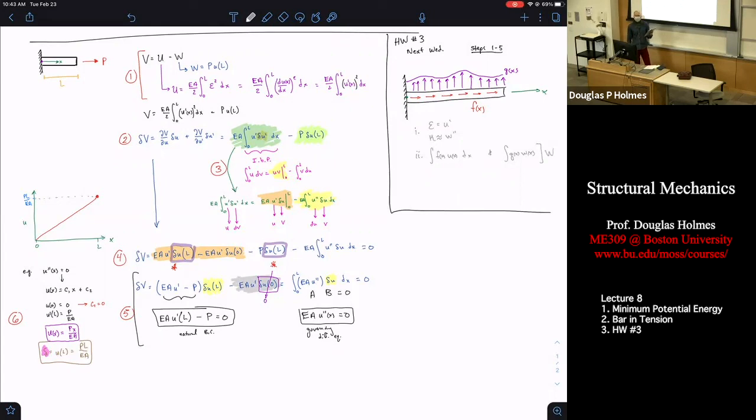You can stick those two things inside the same integral because they're both over x.